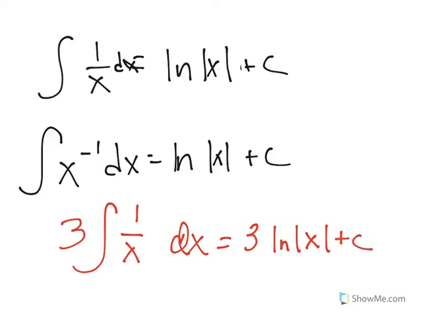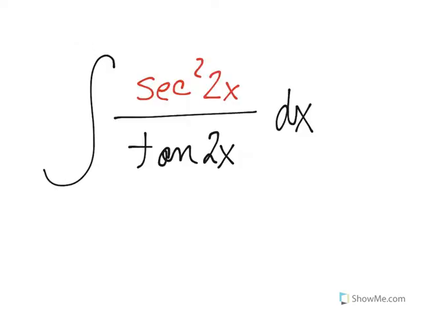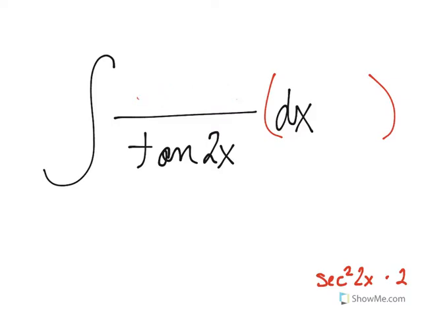Remember, when you do these problems, you should see the derivative of the top sitting there somewhere along the line. So I'm looking at this equation, and I see the bottom. The derivative of tangent of 2x is equal to secant squared 2x times 2. Well, if I look already, make parentheses, I'm going to move that secant squared x down.